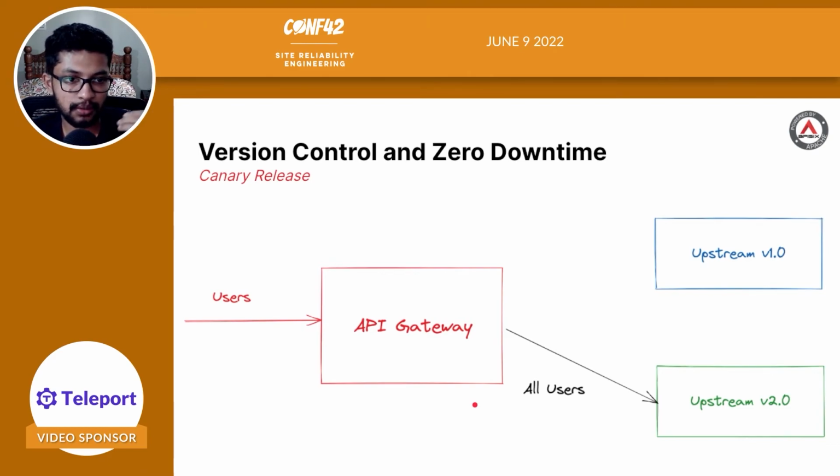This will ensure that your services stay up all the time, and that the new version works perfectly. In case something fails or there are some issues, you still have your previous upstream on standby, and you can go back to it quite easily by just changing the configuration in your API gateway.